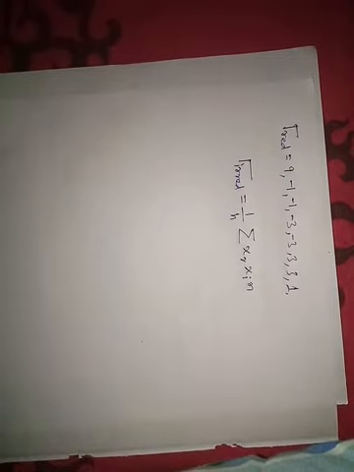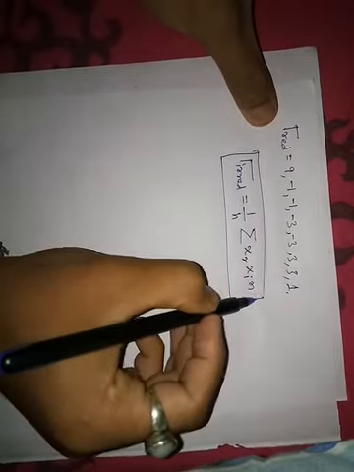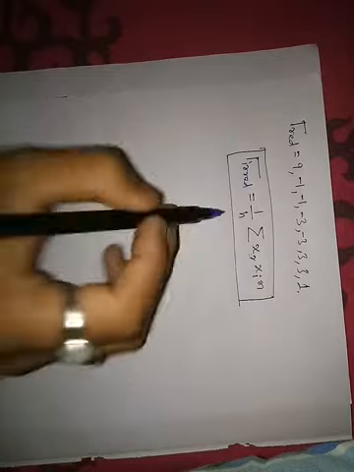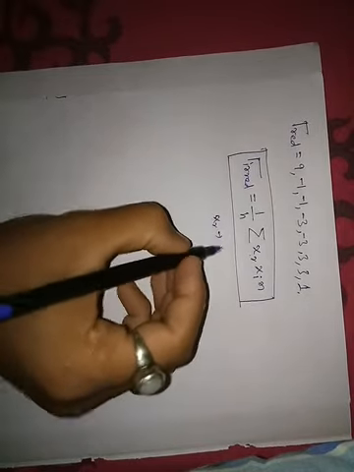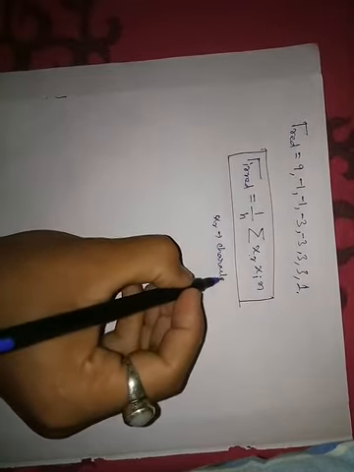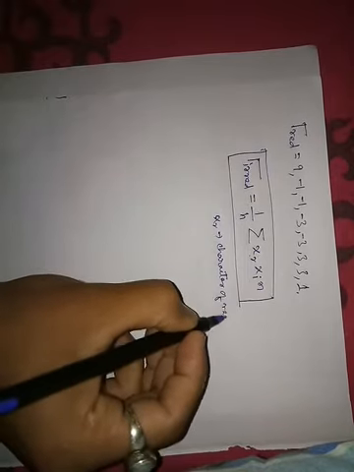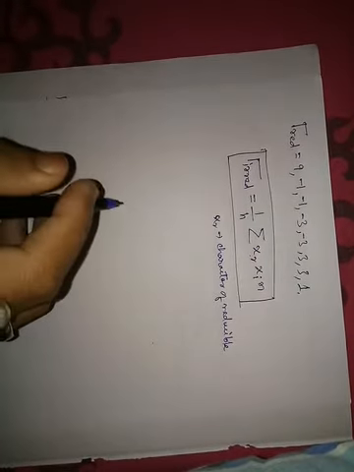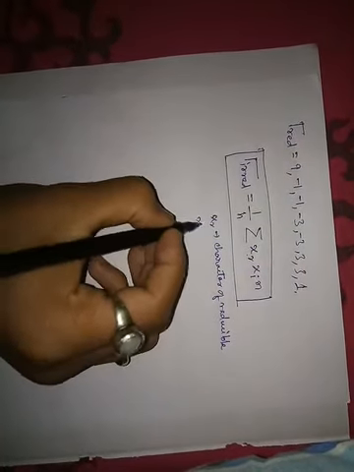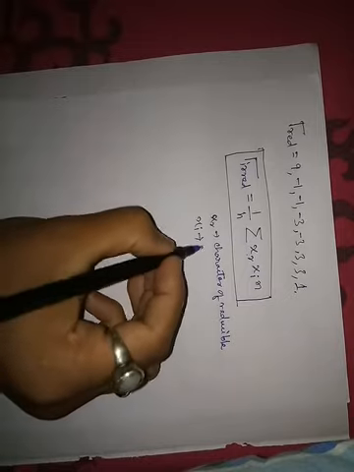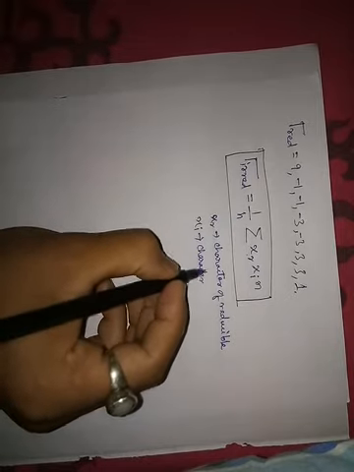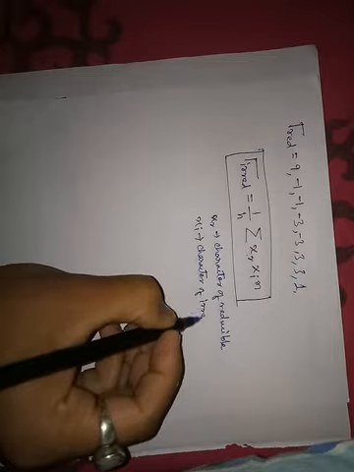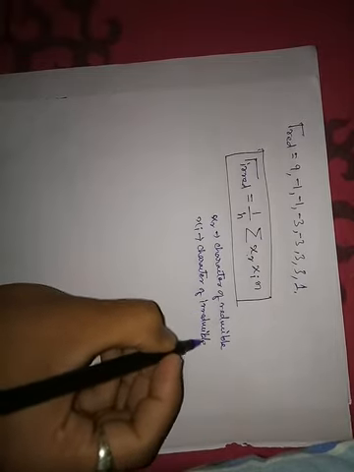This is the formula to find the irreducible representation from the reducible. Chi r means the character of the reducible, and chi i means the character of the irreducible.